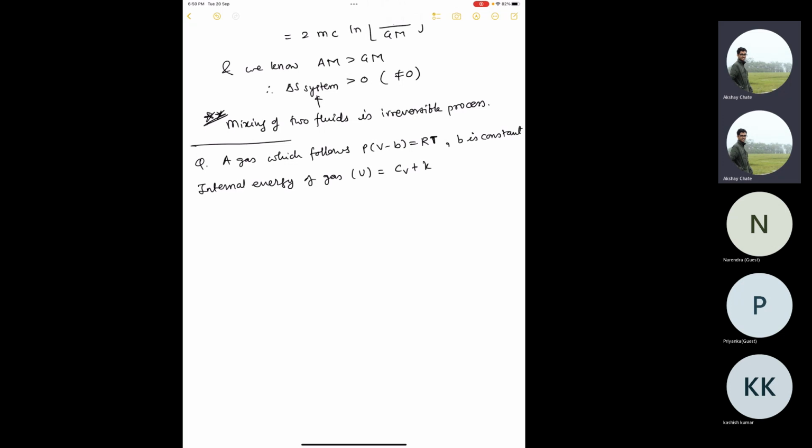Now if this gas undergoes an isentropic process, then prove that P(V minus B) to the power gamma equal to constant.